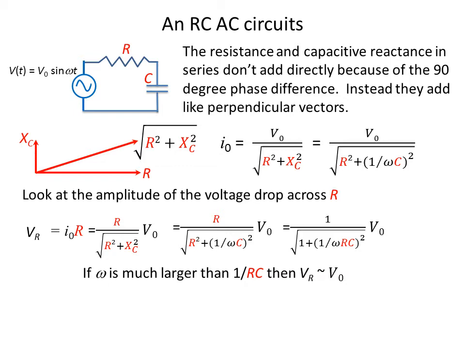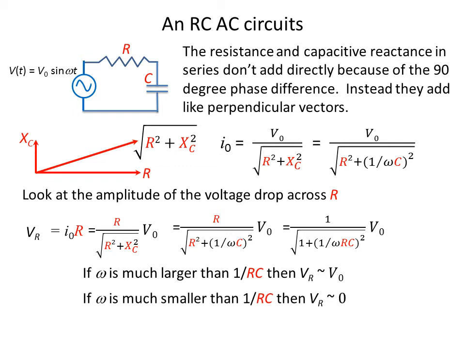If omega is much larger than 1 over RC, the inverse of the RC time constant, then V_R is approximately equal to V_0. So the amplitude of the voltage is going to be similar to the drive voltage.